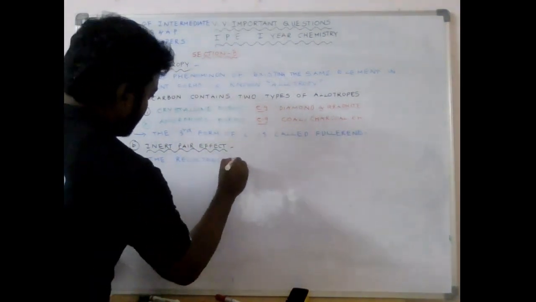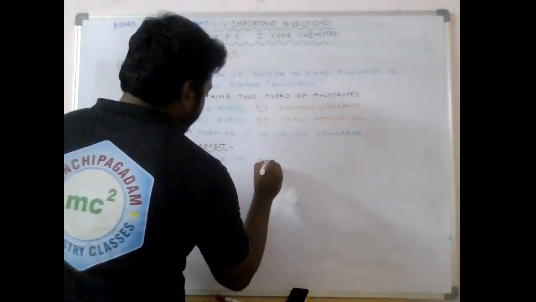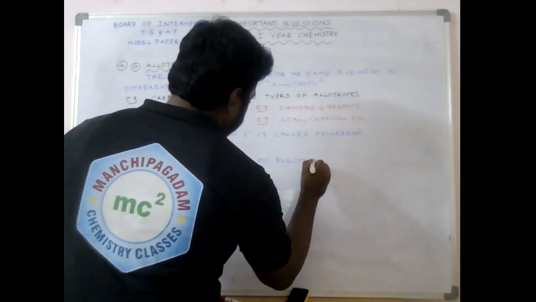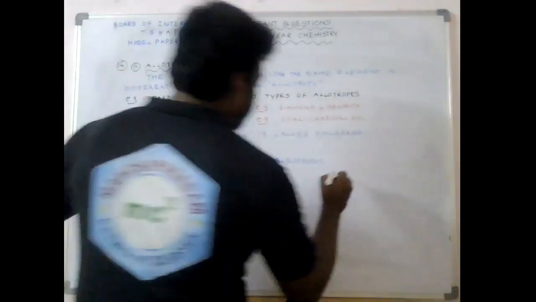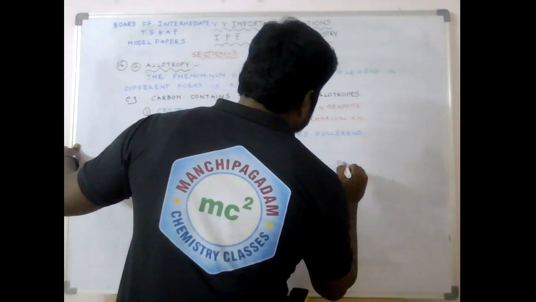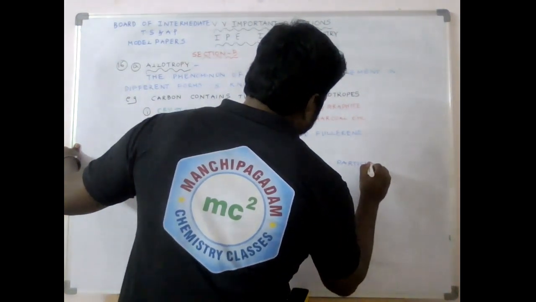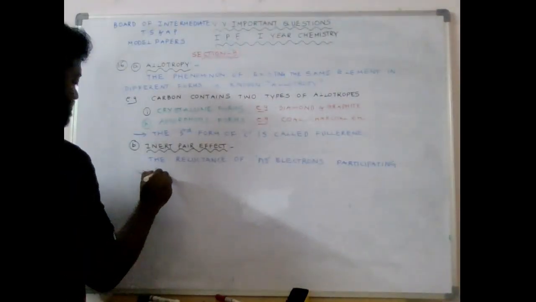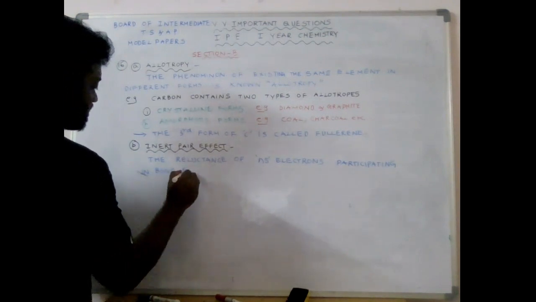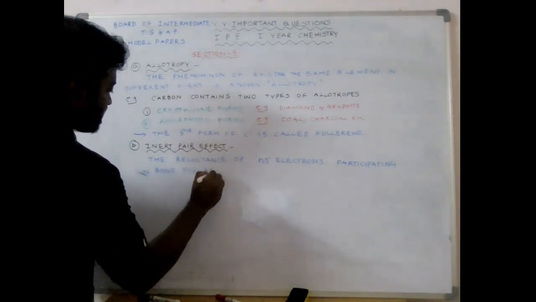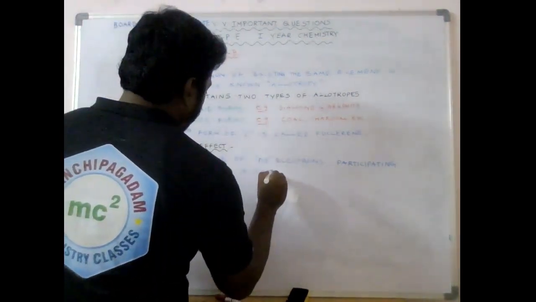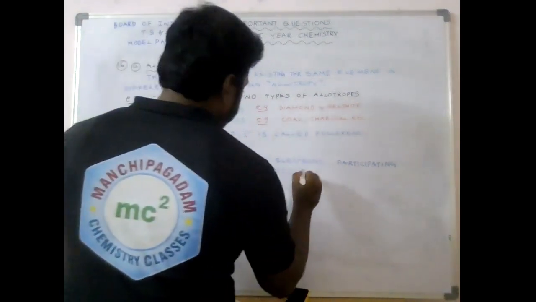The reluctance of ns electrons to participate in bond formation. They don't have interest in bond formation. That is called inert pair effect.